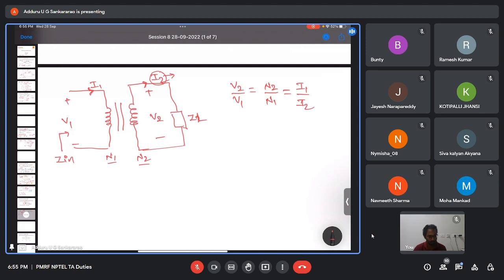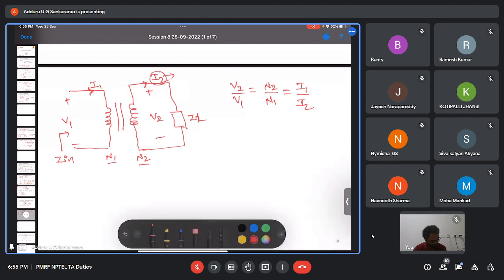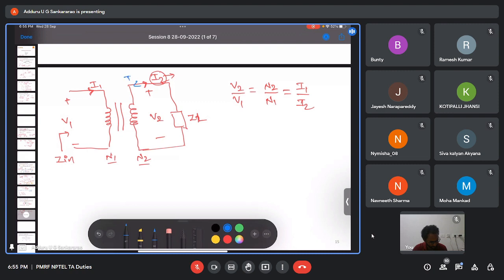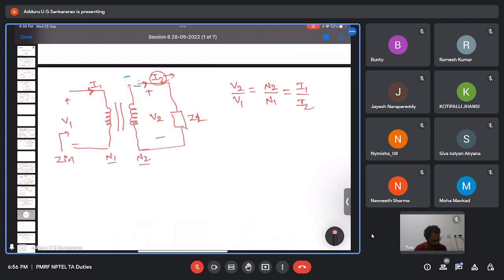Suppose I2 is the current entering. In that case, we'll get a negative sign here. This is about an ideal transformer.